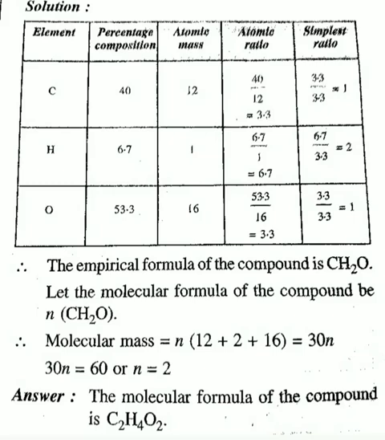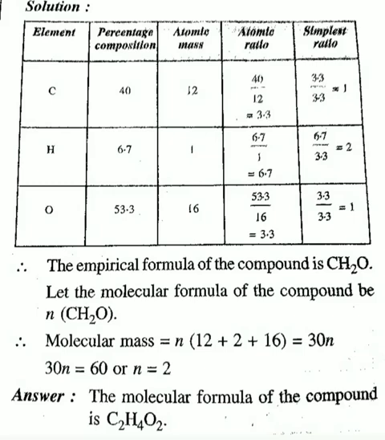And now you have to calculate the molecular mass. Molecular mass is given as 60. And now you have to find the molecular formula. So, n equals the molecular mass divided by the molecular mass of the empirical formula. Molecular mass is given. So n equals 60 by 30, that equals 2.